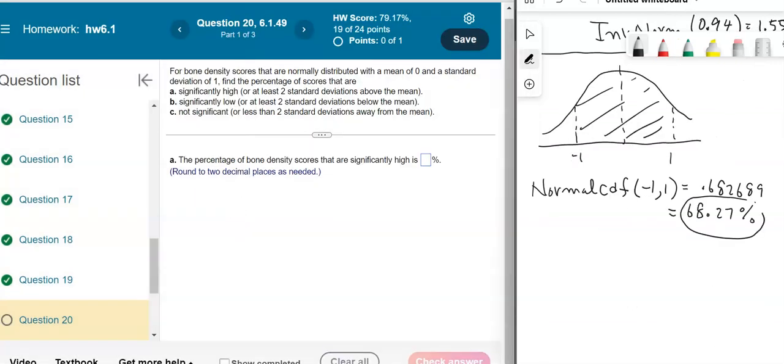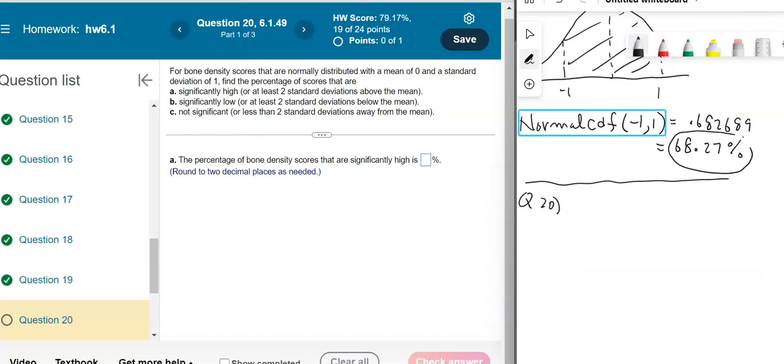Now, this is question number 20. Now, a significantly high score is at least 2 standard deviations above the mean.